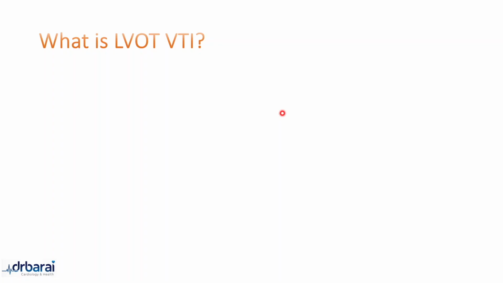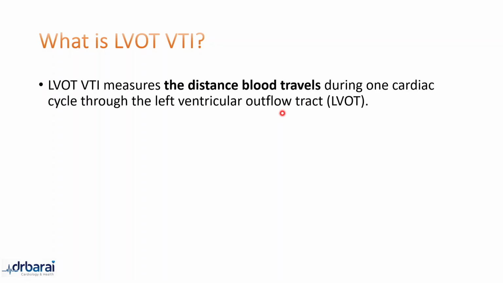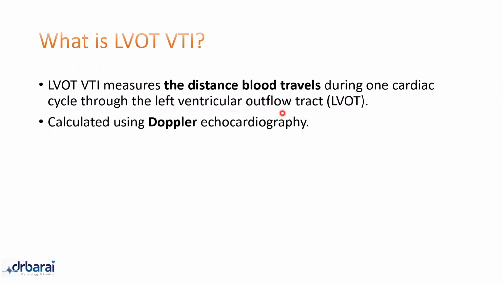So let me repeat the previous slide that we talked about. What is VTI? Once again, the VTI is the distance the blood travels during the cardiac cycle, and we can use Doppler technology, especially pulse wave Doppler, to measure the LVOT VTI.